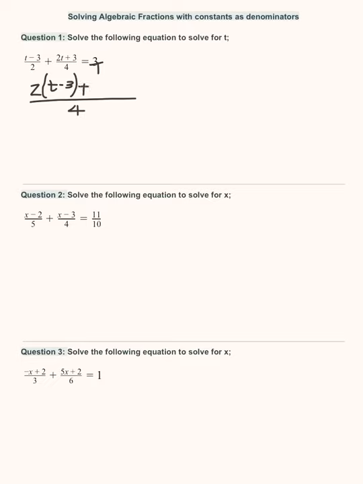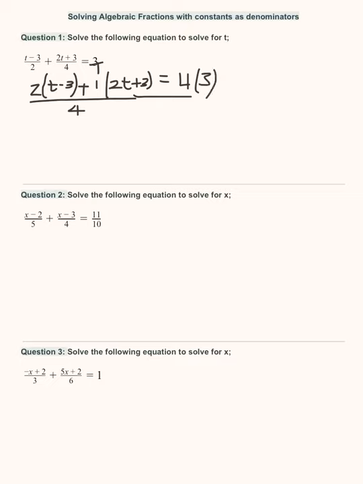Next fraction, 4 divides into 4 once. Multiply that by the numerator. And then don't forget about the rest of the fraction. So equals 1 divides into 4 4 times, multiplied by the numerator, which is 3.